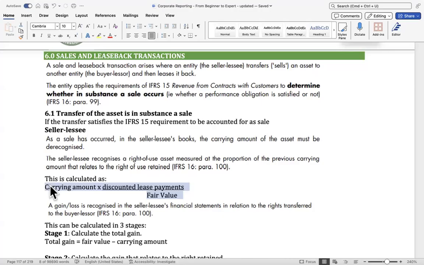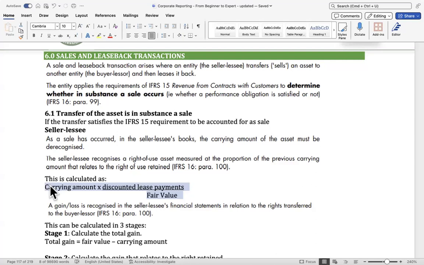There's an intention behind it. Either the person wants to borrow money, because he needs money, and just wants to use the asset as collateral. He's selling the asset and still needs it, so we need to examine it and be sure that it qualifies as a sale. IFRS 15 will guide us on that.